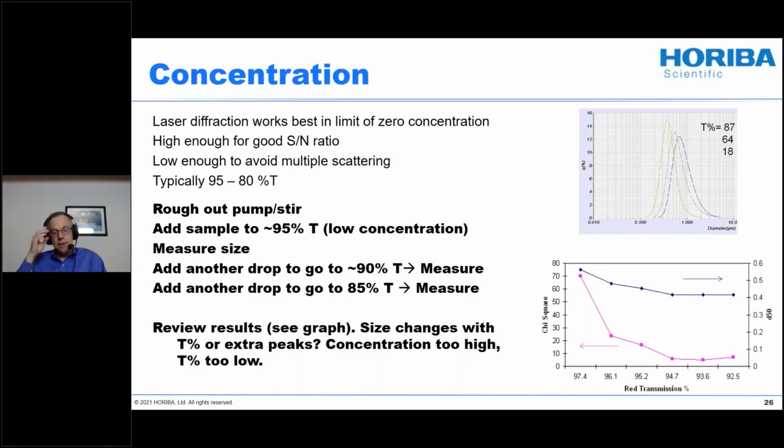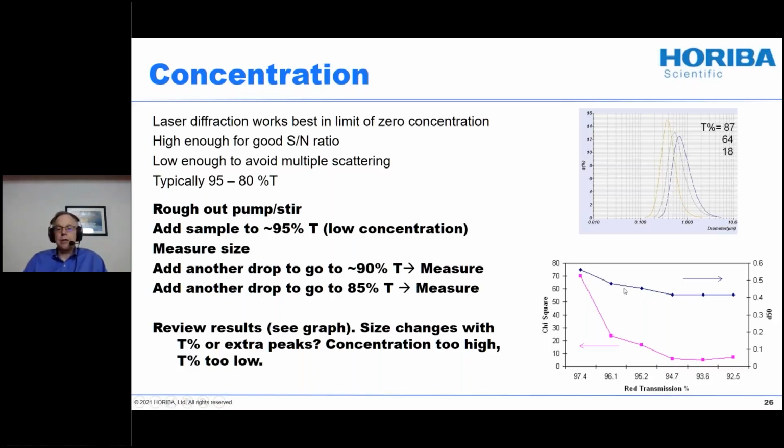If you have extra peaks or you see size changing with T%, your concentration is likely too high. That is, your T% is too low. The other is, you'll see in the plot on the bottom right here, at my low transmissions, I have higher size values for D50. And in truth, those are probably fairly noisy.